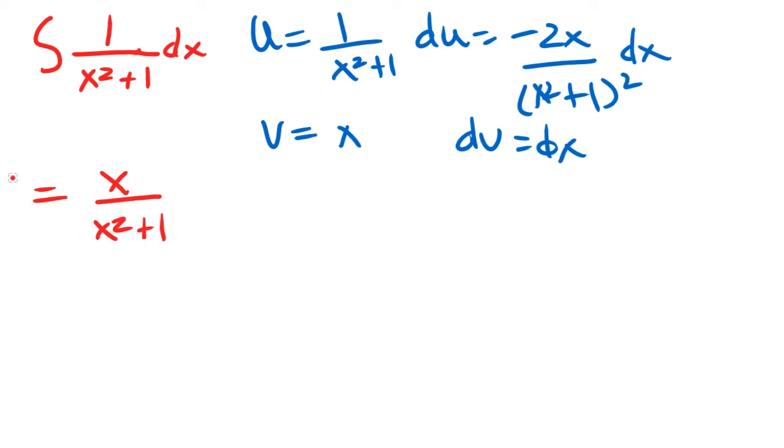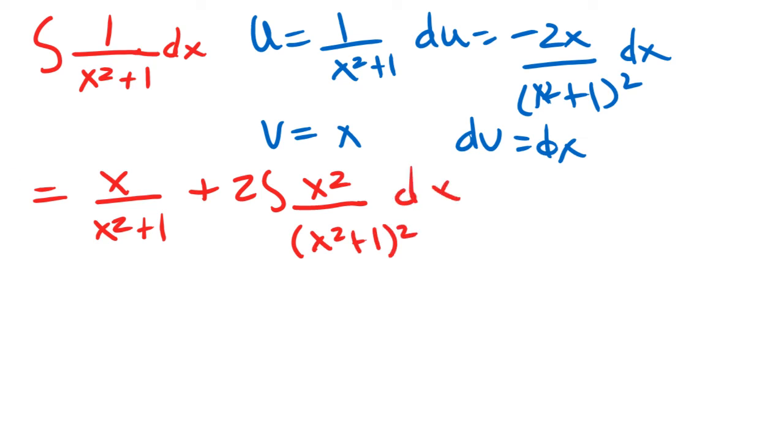And then what is that going to be? It's going to be plus 2, so we have plus 2 times the integral of x squared divided by x squared plus 1 squared dx.